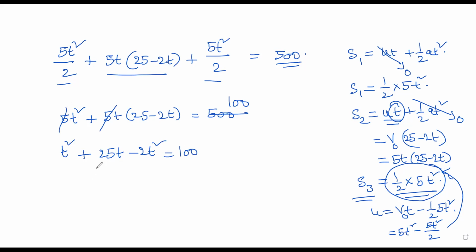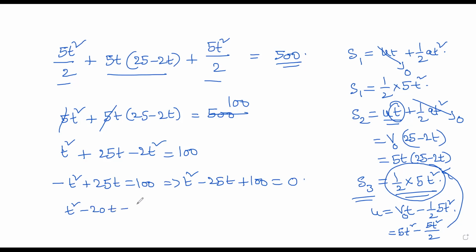So you can write minus t square plus 25t equals 100. So t square minus 25t plus 100 equals 0. So t square minus 20t minus 5t plus 100 is equal to 0. This is what you have.